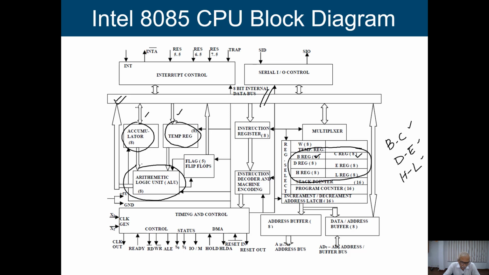From this bus, we can transfer the result to the appropriate destination. In most cases, if I write an instruction called ADD B, basically it is going to do A equals A plus B, where A is the accumulator. First I have to bring one data item to the accumulator. Then the second data item we bring into the temporary register.